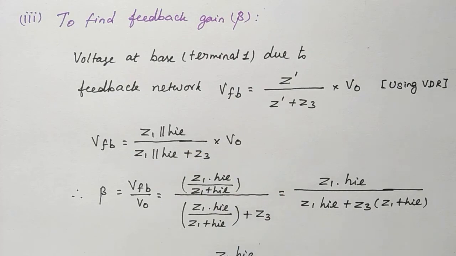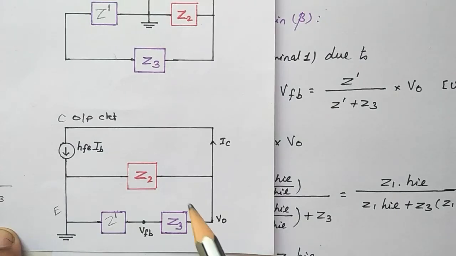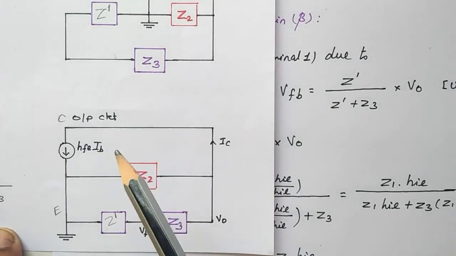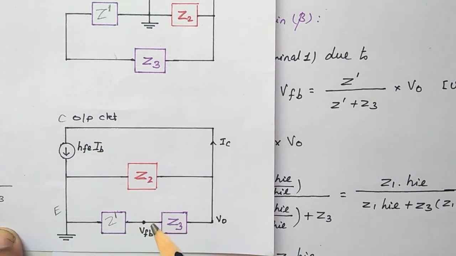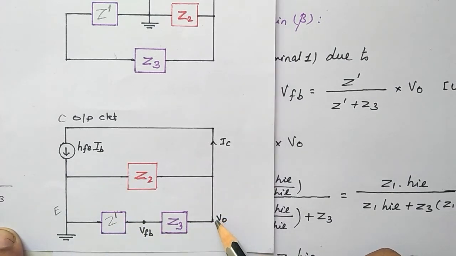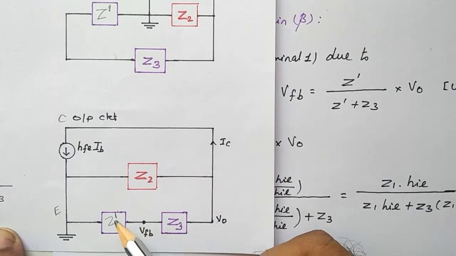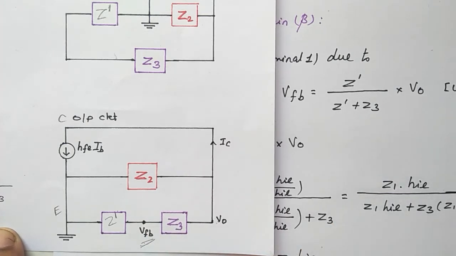Third step, we need to find the feedback gain beta. Let us take the final modified output circuit. Here the voltage present is V0. In between Z dash and Z3 there is a voltage available that is connected to the input, called the feedback voltage. So we need to find the feedback voltage.